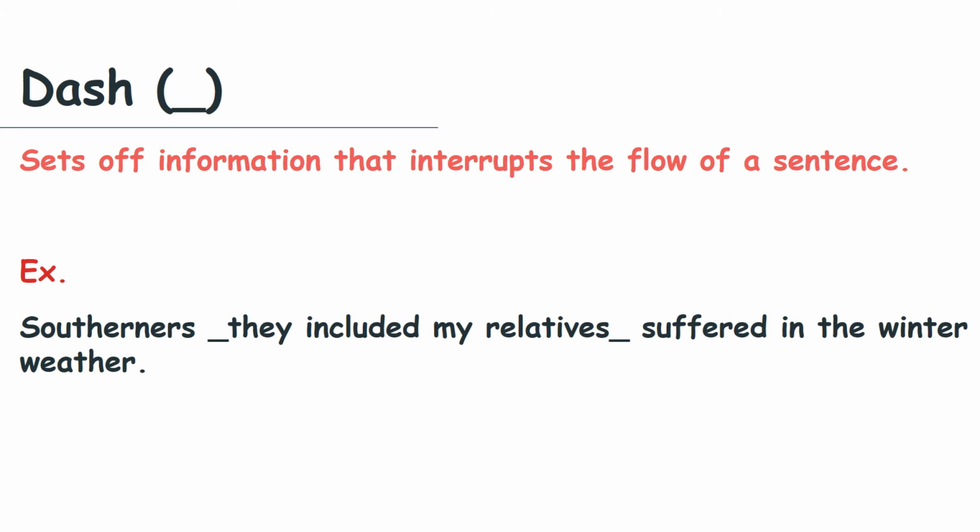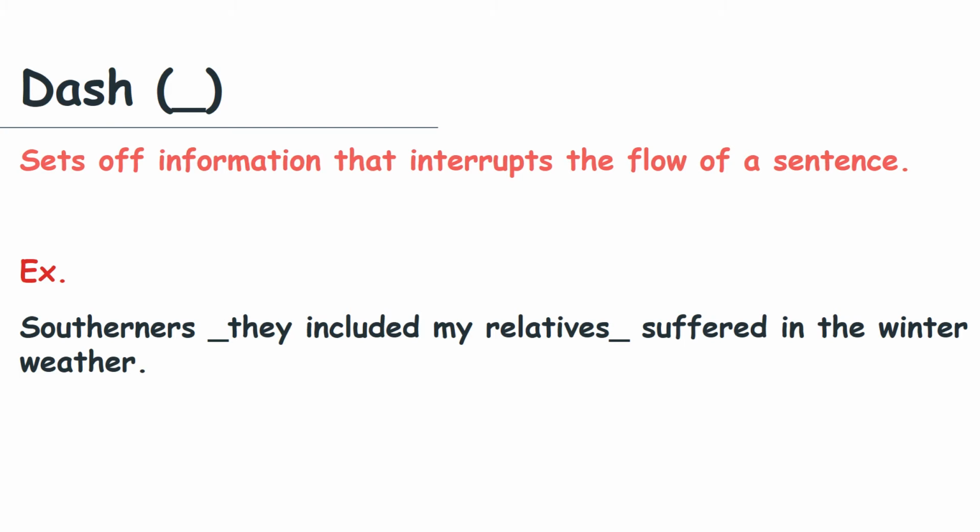Now moving to the dash. Dash sets off information that interrupts the flow of a sentence. So if there is extra information that interrupts the flow of a sentence, and you think you can get rid of it, then we need to use the dash in between it. For example, Southerners, they included my relatives, suffered in the winter weather.